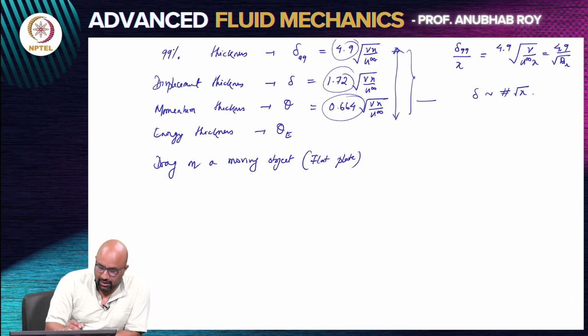So, the first thing we will do is actually compute the skin friction. That is the shear stress that you have on the plate. So, we will try to compute what is the wall shear stress, and from that we will try to find the skin friction coefficient, which is the non-dimensional wall shear stress.